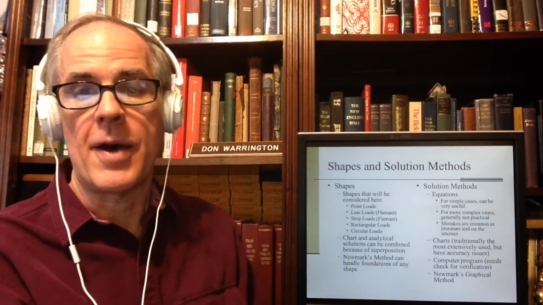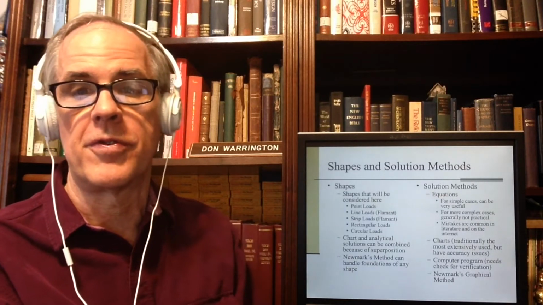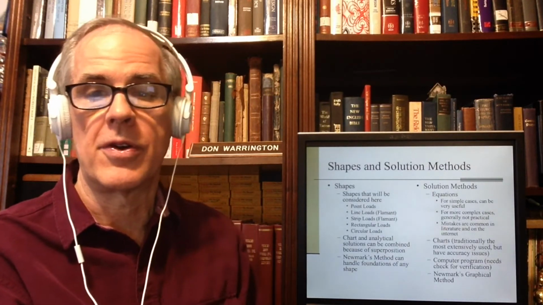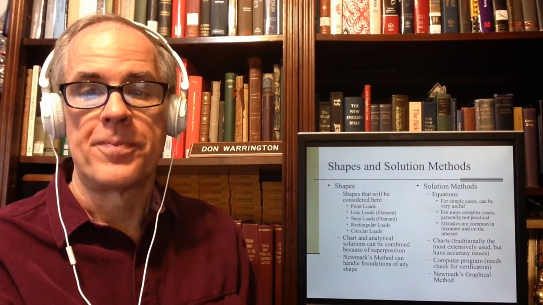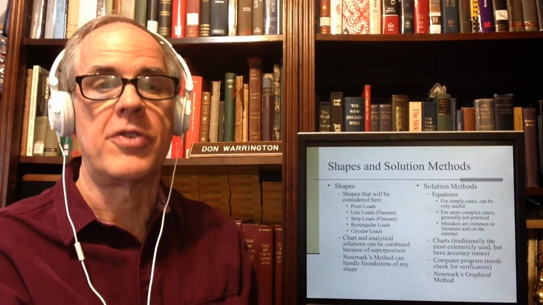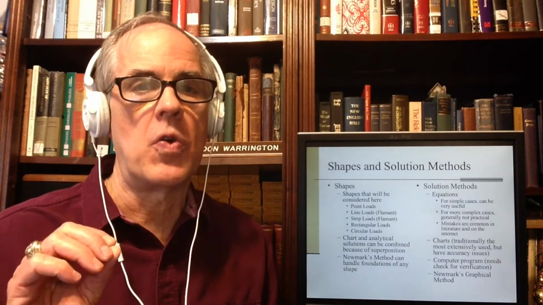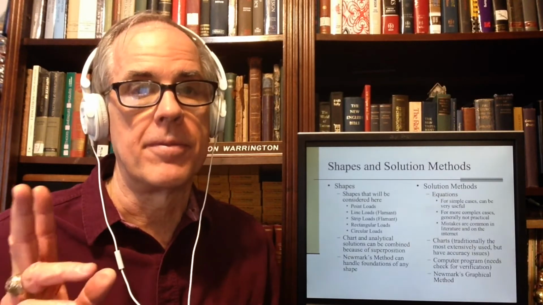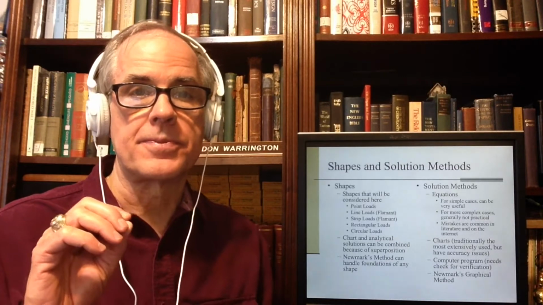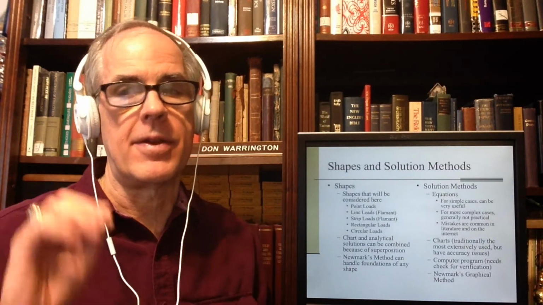We're going to talk about point loads, line loads, and strip loads, which are an extension of the Flamant solution that Voigt explains in detail, as well as rectangular loads and circular loads. The analytical solutions can be combined because of superposition. This is very important. Elastic theory is path independent.